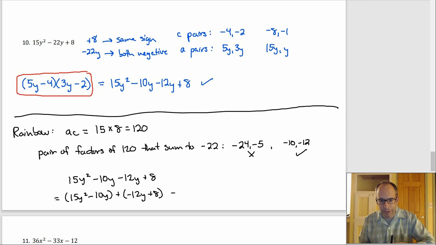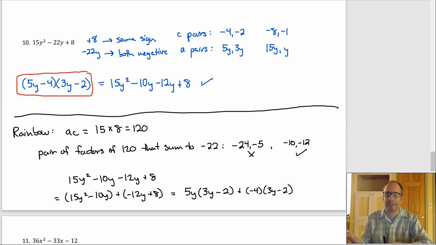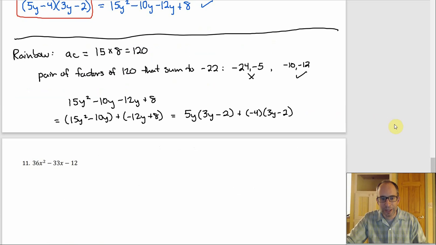And then from there, you could factor a 5y out of that first group, and you're left with 3y minus 2. And then you could factor a negative 4 out of the second group, and you're left with a 3y minus 2. And you can see that this works, right? You're going to get 3y minus 2 times 5y minus 4. So either way is fine there.